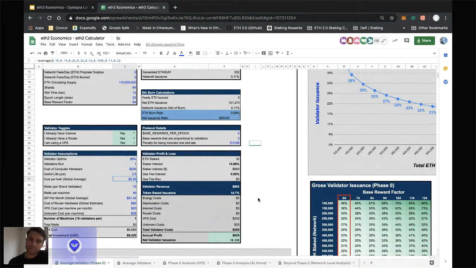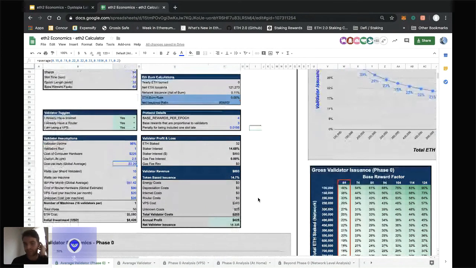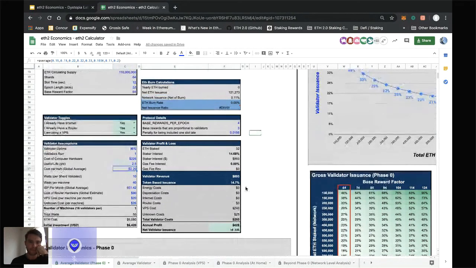We included all those countries, and I believe it ended up being either 12 or 13 different countries. So that's what it looks like. And right here, this will give you what the network level reward is without any cost. But if you ultimately want to see what it is for you as a validator after you customize your cost assumptions, this is really where you want to be looking, down here at this area.